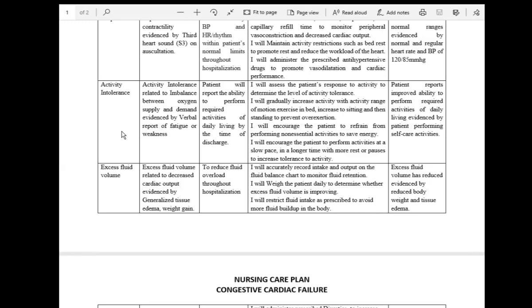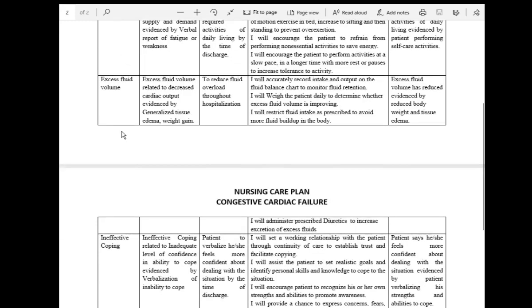So you find that when we're evaluating our patient after putting all these interventions in place, the patient will now say, I have the ability to perform the required activities of daily living, evidenced by this patient performing these activities, such as patient walking, patient eating. These are some of the activities of daily living.